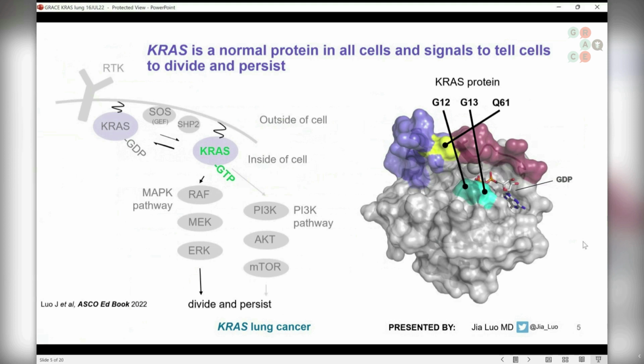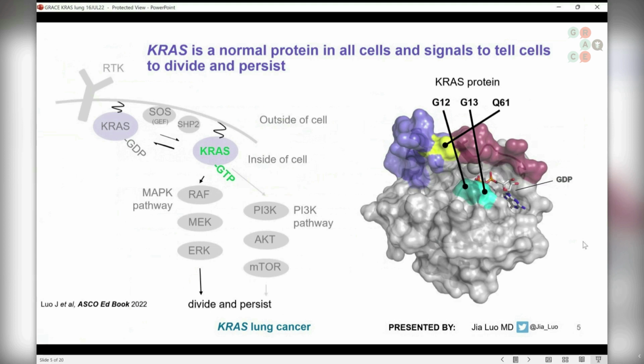And that is what's labeled as RTK. So that's a protein that gets mutated on the surface of a cancer cell. And KRAS is actually a protein that's right after it. And this entire pathway of proteins all linked together tell a normal cell to divide and persist.